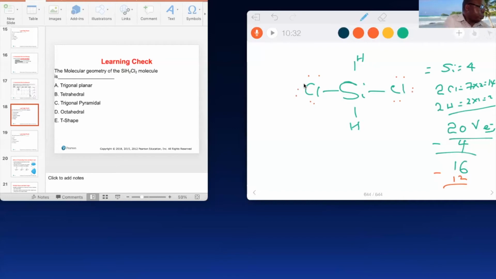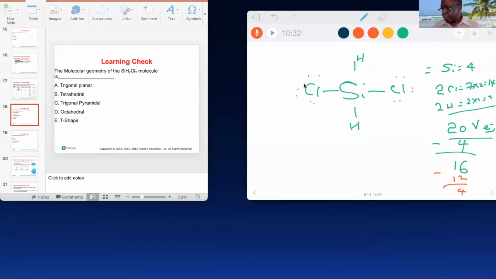Silicon is in group 4A, so it has 4. We have used 12 out of the remaining 16. How many remain? 4, right?